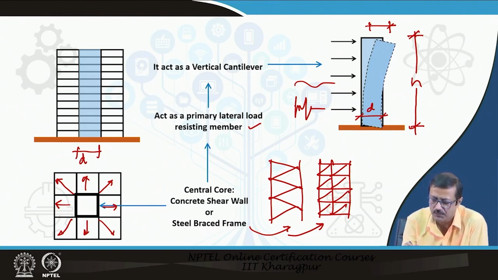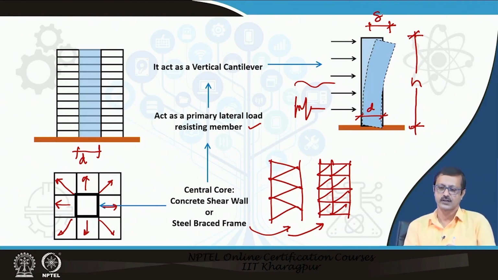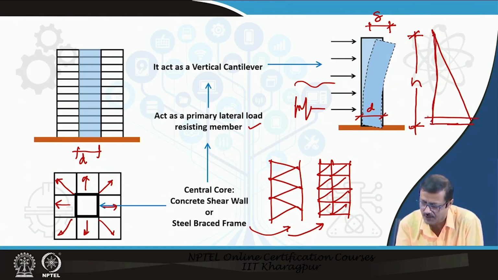How much this delta, the shift, is will be determined by this depth and height ratio. Because of that, if you see the shear force diagram, it is increasing, and at the base it has to take a very high amount of shear force.